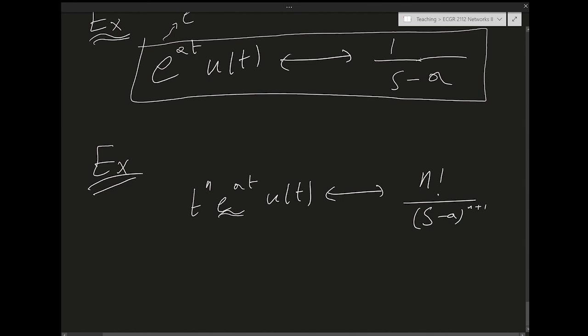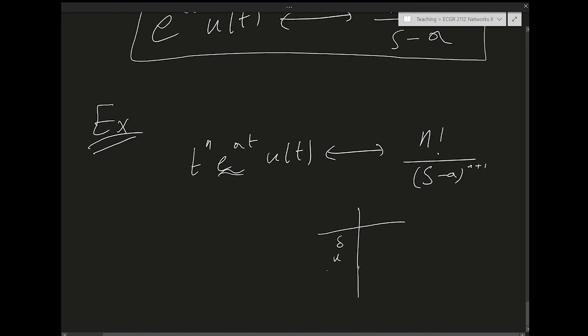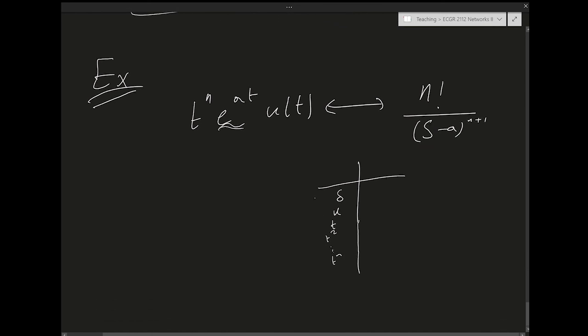Okay, so our table is expanding. We can do delta, u, polynomials t squared all the way to t^n. We can do time shifted versions of all those, and then we can do exponentials and t^n times e^(at).